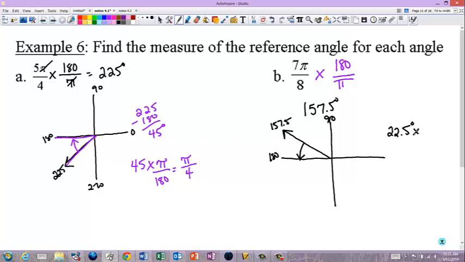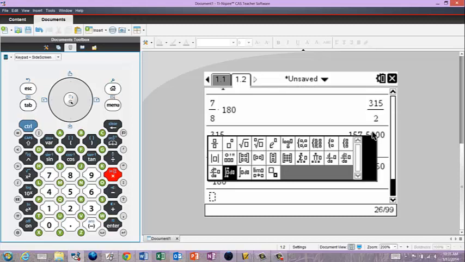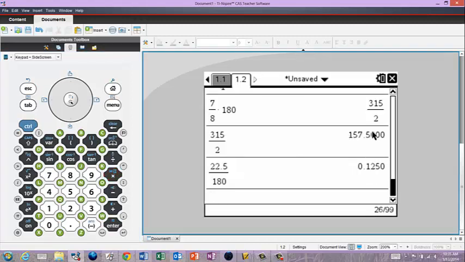If I then convert that back to radians, and I do 22.5 divided by 180, I get 0.125. To convert that to a fraction, I'm not 100% sure.